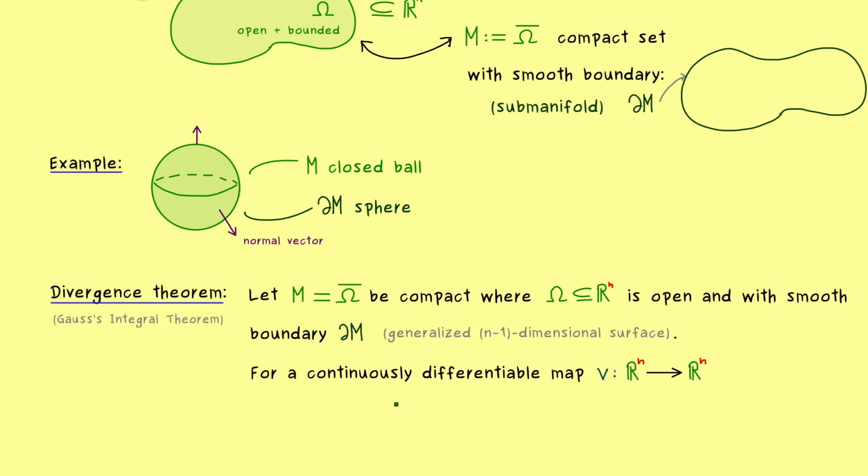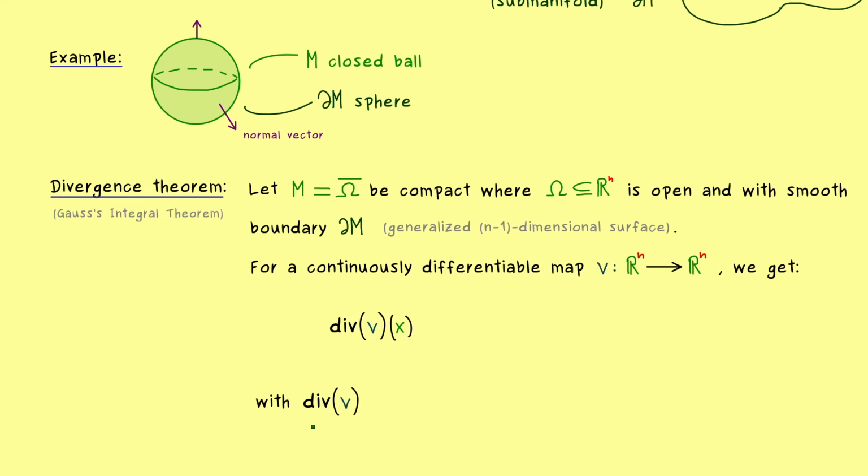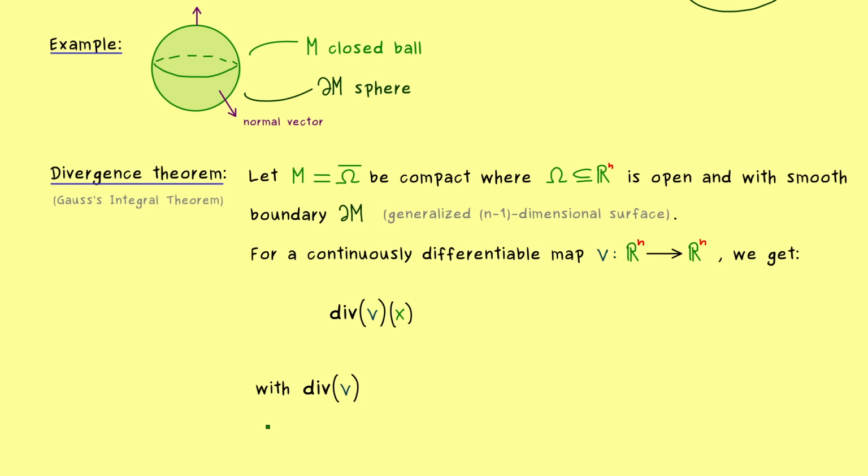And in fact, what we will integrate is a continuously differentiable vector field V from Rn into Rn. So at any point in the space Rn, we put an n-dimensional vector to it. And now such a vector field has a well-defined divergence at every point x in Rn. In fact, the divergence is easy to calculate, it's just adding up partial derivatives.